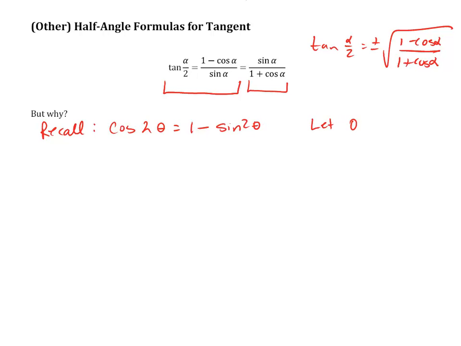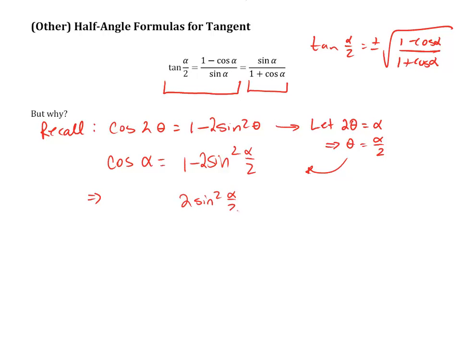As we did before, let's let 2 theta be alpha, which means that theta now is alpha over 2. If I rewrite this identity, I have cosine of alpha equals 1 minus 2 sine squared of alpha over 2.